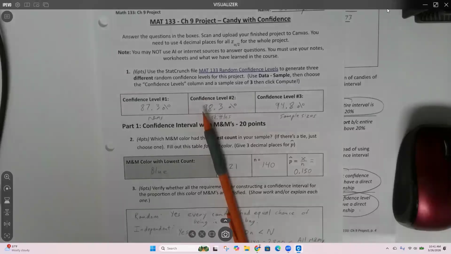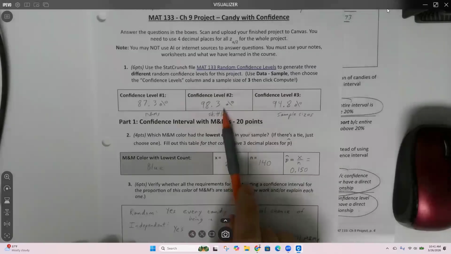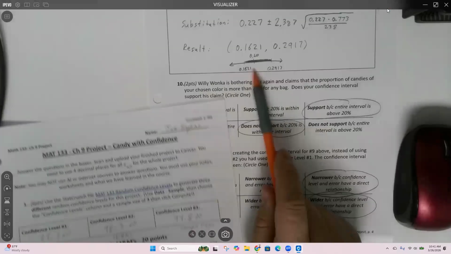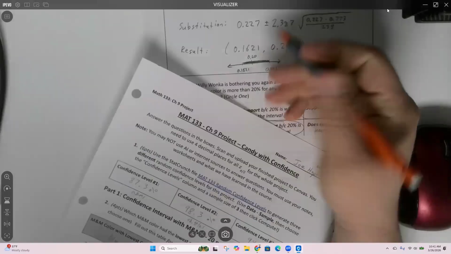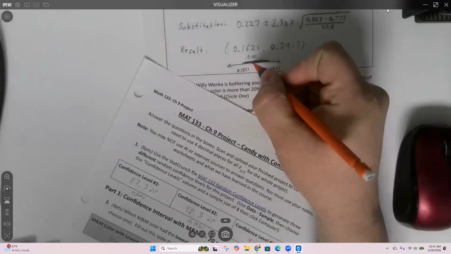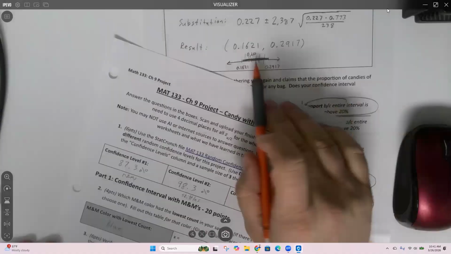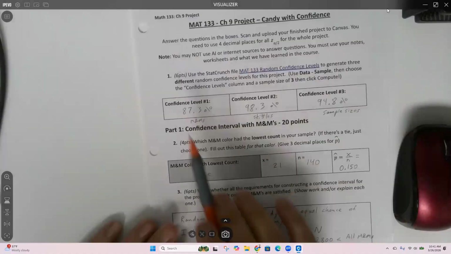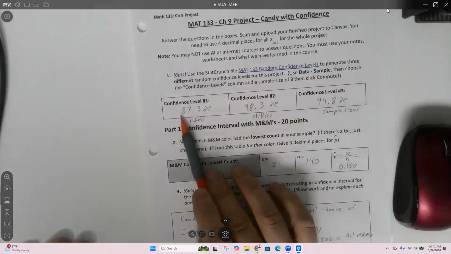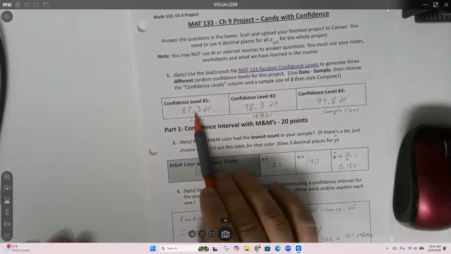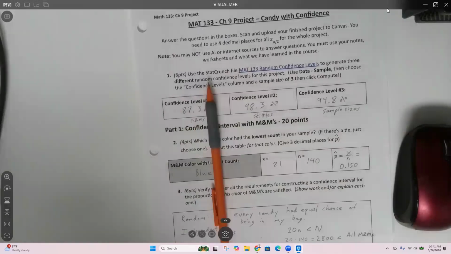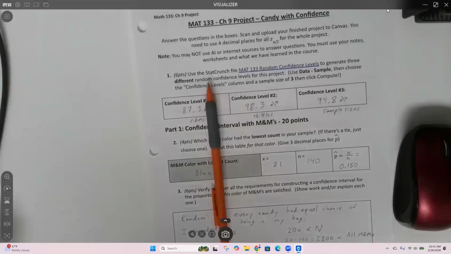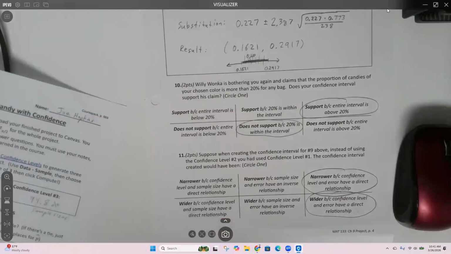Okay. A large confidence level means you have a large confidence interval. So this true proportion is going to land somewhere in this range. And if I want to be 98% accurate, I need a giant interval. If I have very low confidence, if I only want to make like 10% of my shots, then you want a teeny tiny little confidence interval, teeny tiny little hoop. Okay.